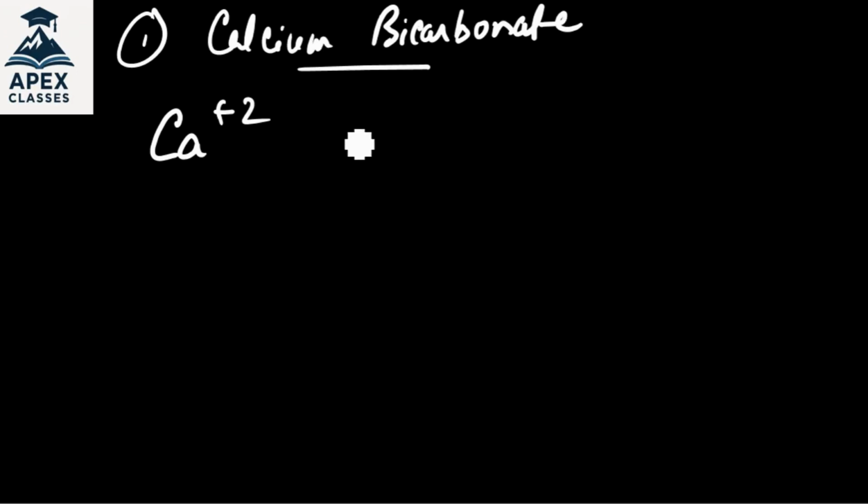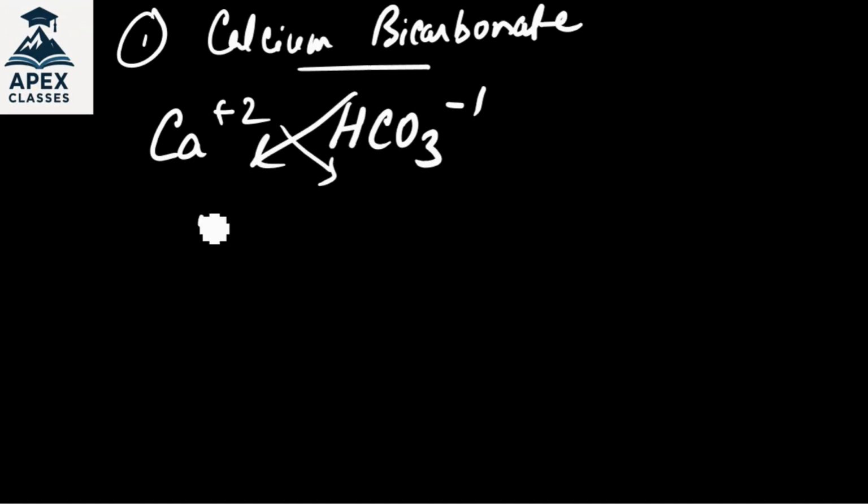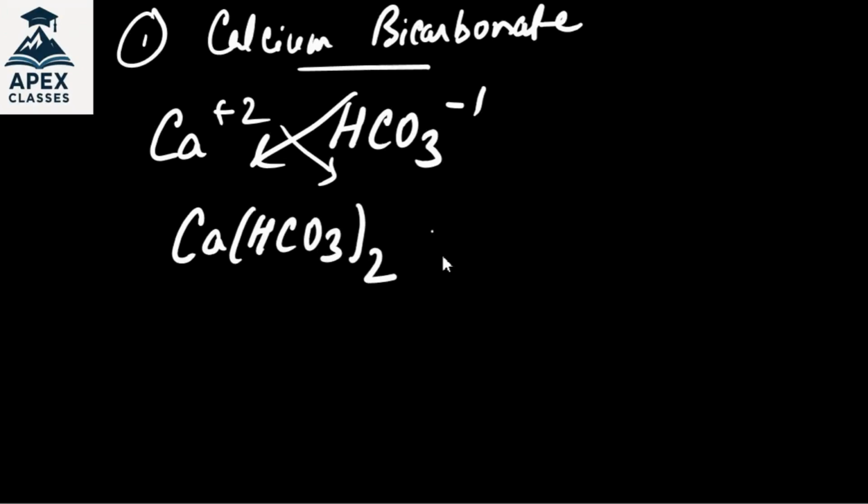And bicarbonate is HCO3 minus 1. So crisscross, this will go down, this will go down, so it will be Ca(HCO3) whole twice.